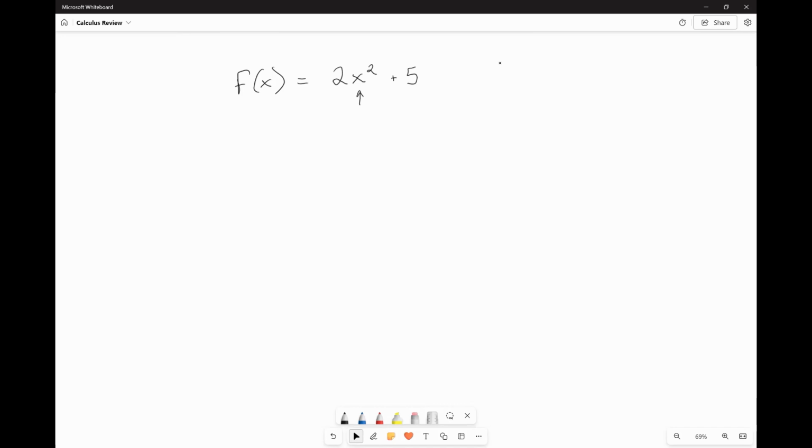The derivative of the function will tell us how much f of x changes when we change the value of x. That's what it is telling us. It's telling us how much it changes by when x changes.